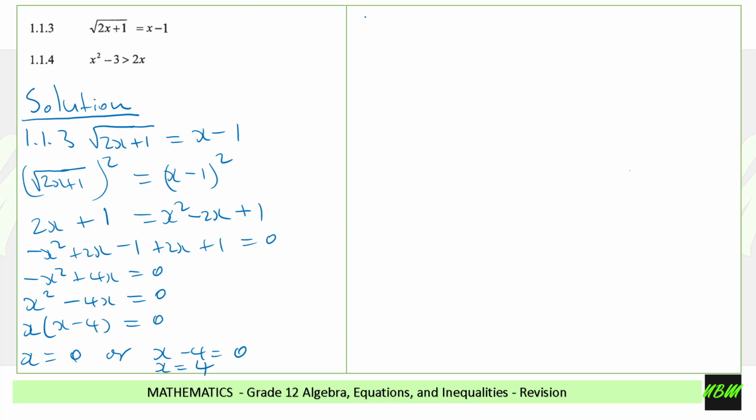We can conclude by saying, therefore, x is not equals to 0, x is equals to 4, meaning x is equals to 4 will be the only solution.